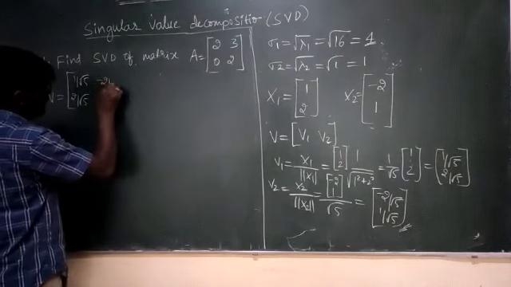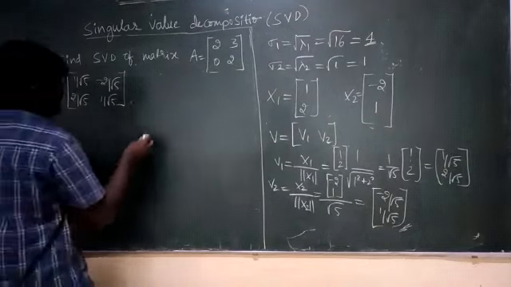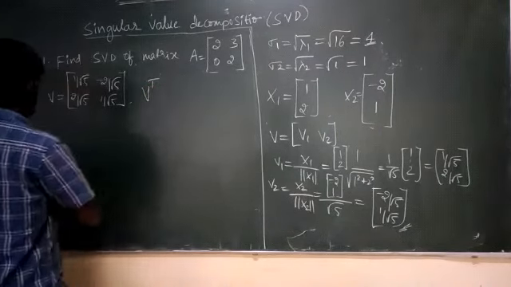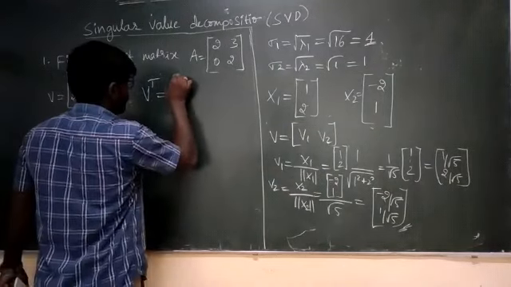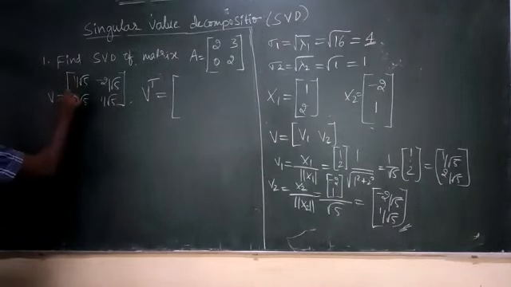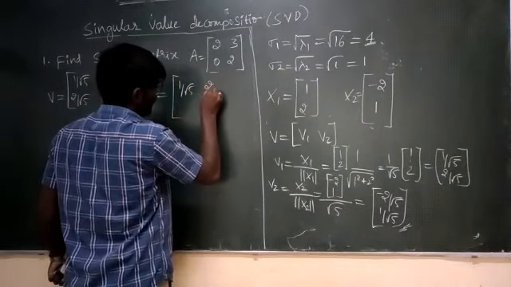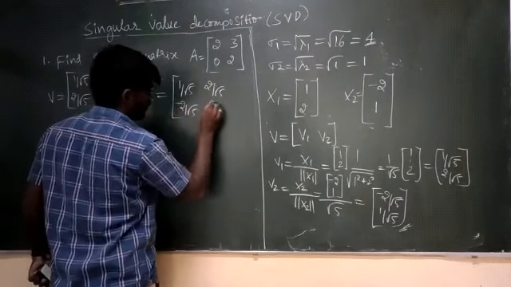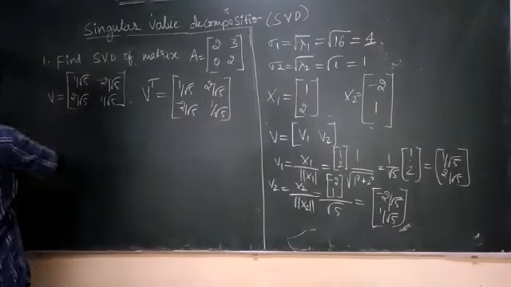This is the matrix V. But we need V transpose, so interchanging rows into columns, V transpose is 1 by root 5, 2 by root 5, minus 2 by root 5, and 1 by root 5. This is the V transpose matrix.